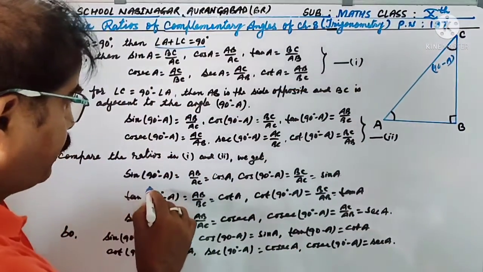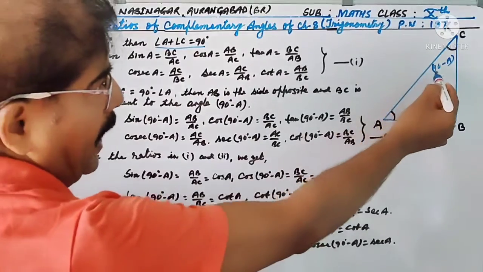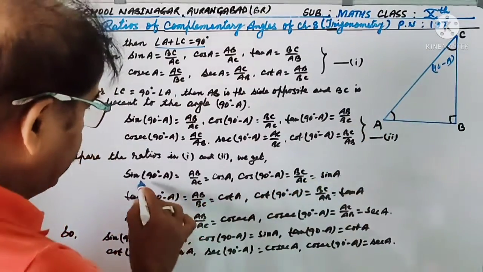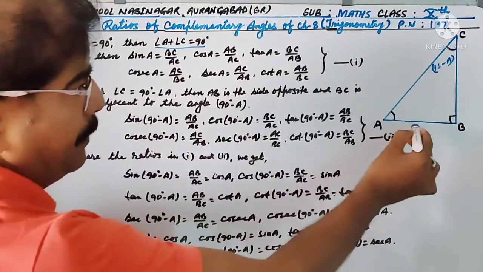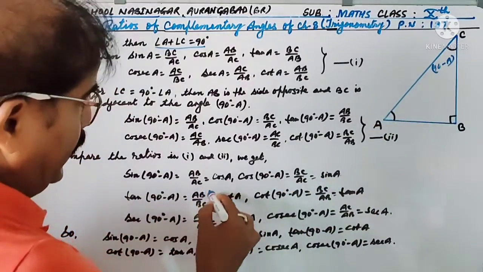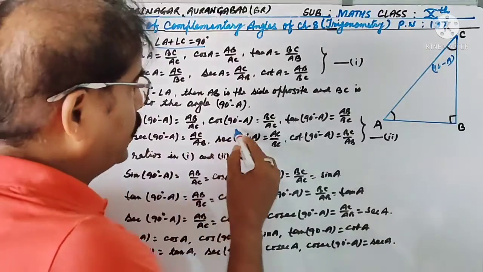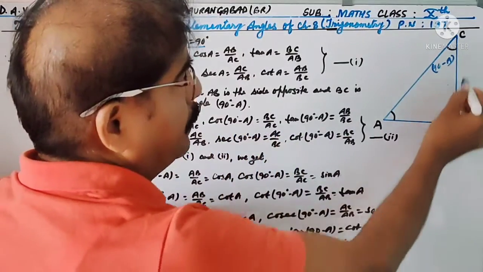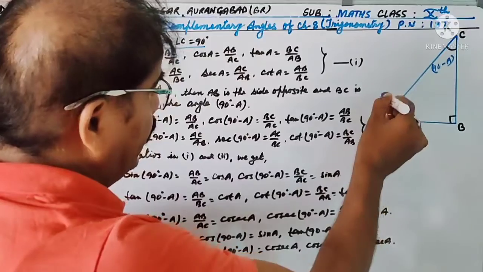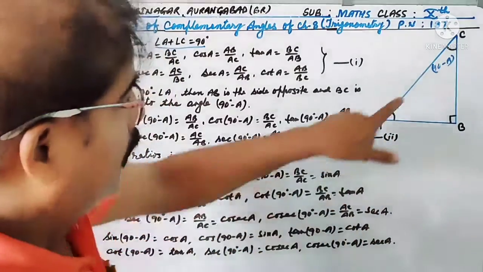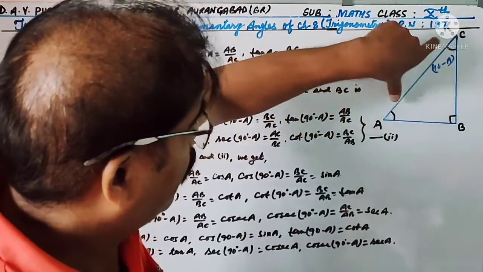So sin C, that means sin 90 minus A, equals AB by AC. Cos 90 minus A equals BC by AC, adjacent side by hypotenuse.